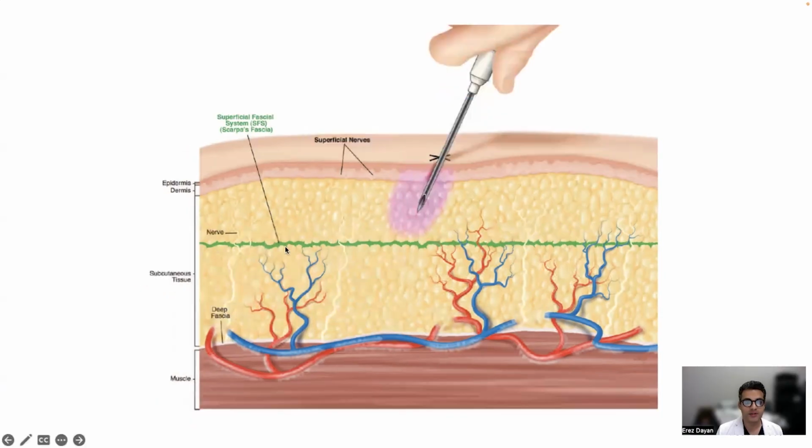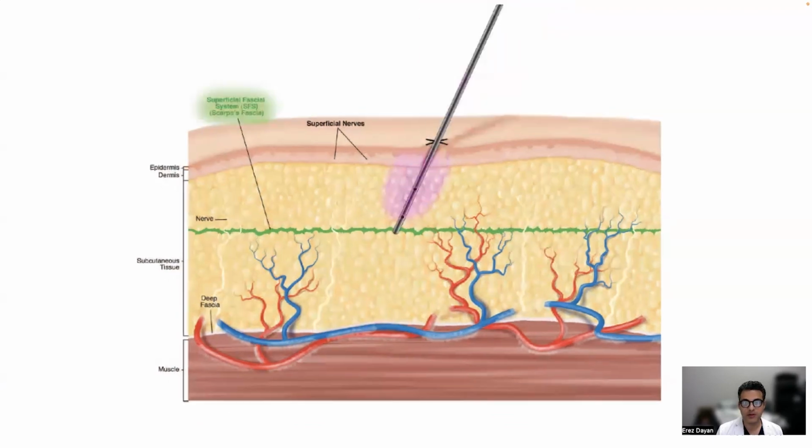Keep in mind, you're above the superficial fascia system while you're performing this for now. Next, we take an 18 gauge needle on a 60 cc syringe with some tumescent fluid, and we start in the same direction, same depth, injecting tumescent. What we want to do is inject tumescent here, followed by a tumescent cannula.